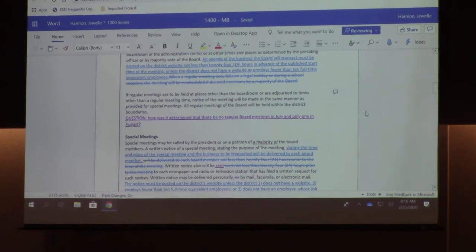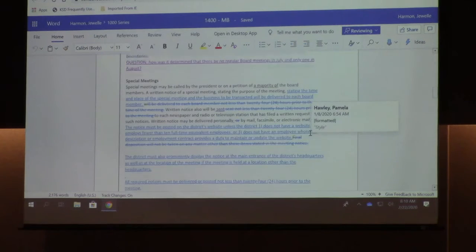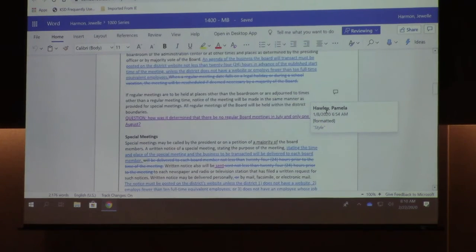You have meetings in July, it's just a calendar. The calendar was done up until the school year; the calendar for the next school year's July would be public. I haven't seen any regular meetings scheduled in July.